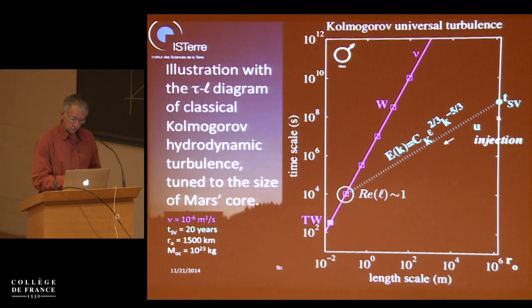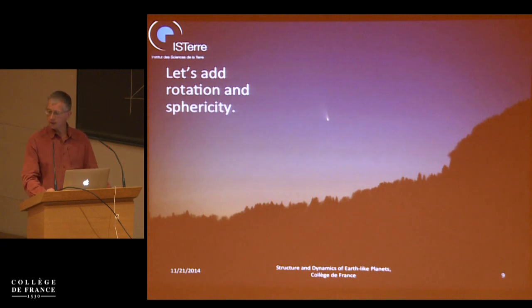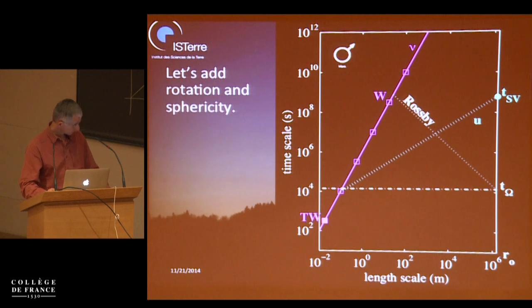Okay. So far we haven't progressed much because we haven't put any rotation, any magnetic field, but we're going to do that now. This was the idea of having these diagrams, because now we're going to say, well, there are other time scales which come into this system. In particular, what happens if we add rotation and the fact that we are in a full sphere when we're talking about a planetary core.